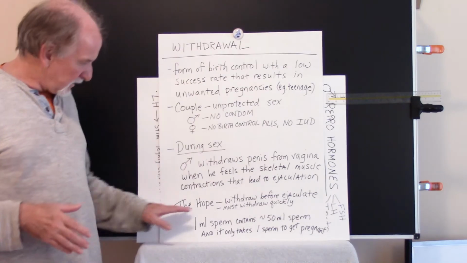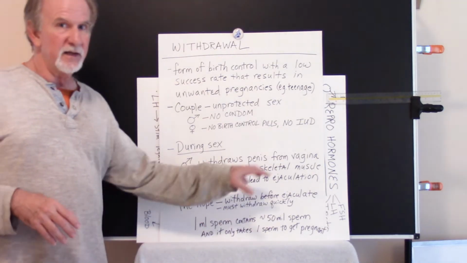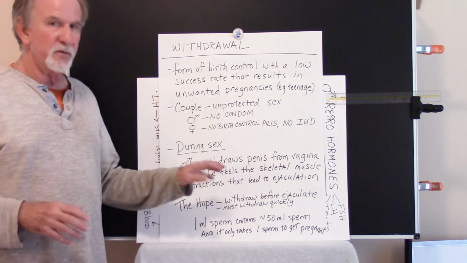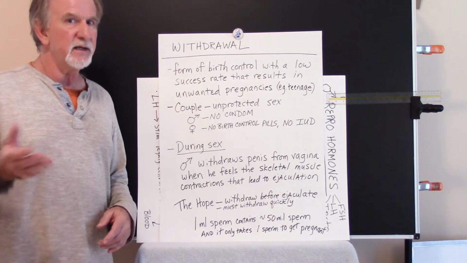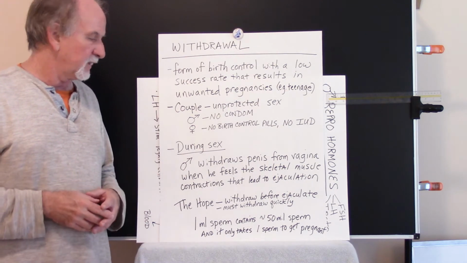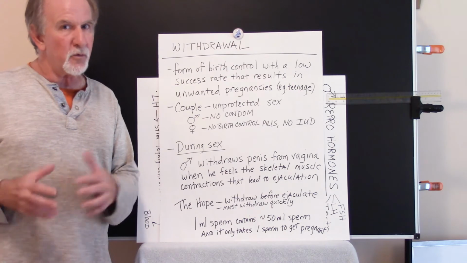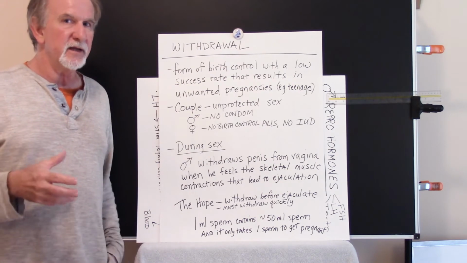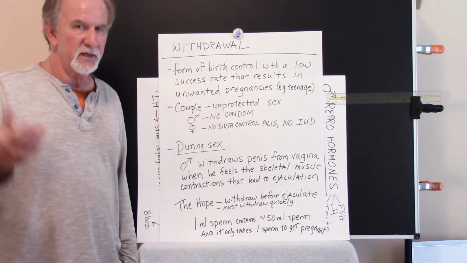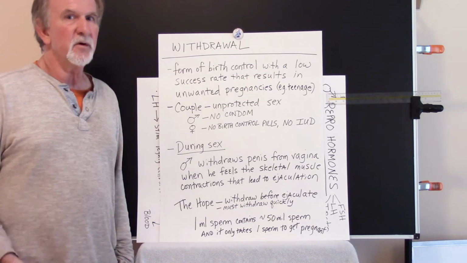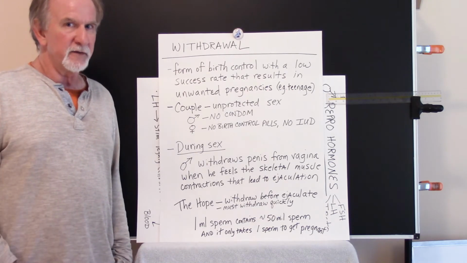And of course the hope is that he withdraws before he ejaculates any semen into the vagina. If he doesn't withdraw quickly enough and ejaculates even a small drop of semen, that's probably going to be enough sperm to get a female pregnant.